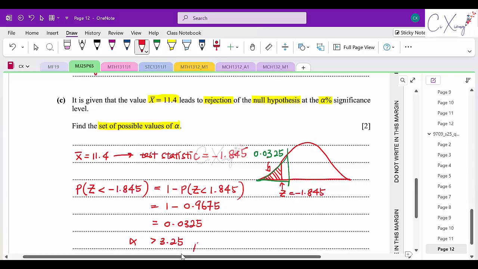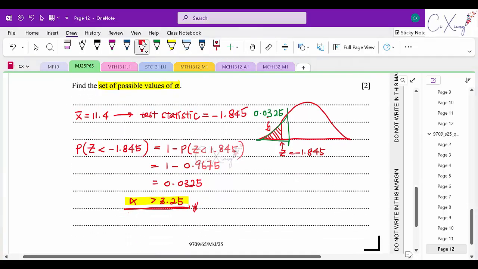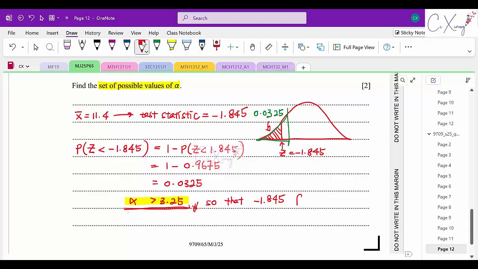They say alpha percent, so I will write alpha greater than 3.25. Only when alpha is greater than this area can we make sure that z always falls under the rejection region. Okay, so this is how we get the answer for 7C. Negative 1.845 is just an extra explanation to make sure that you understand why the alpha comes about and how the value falls under the rejection region.